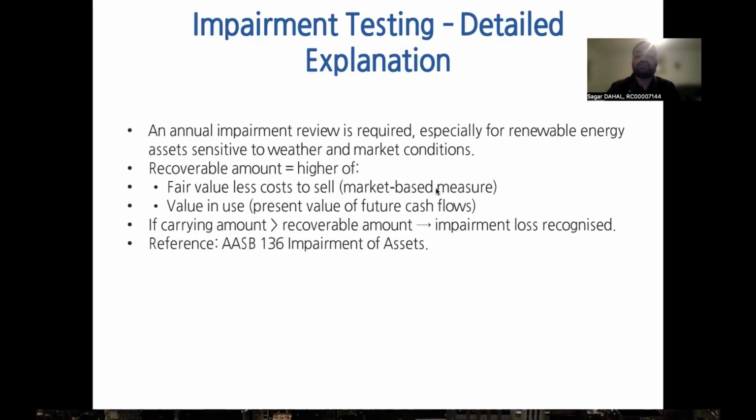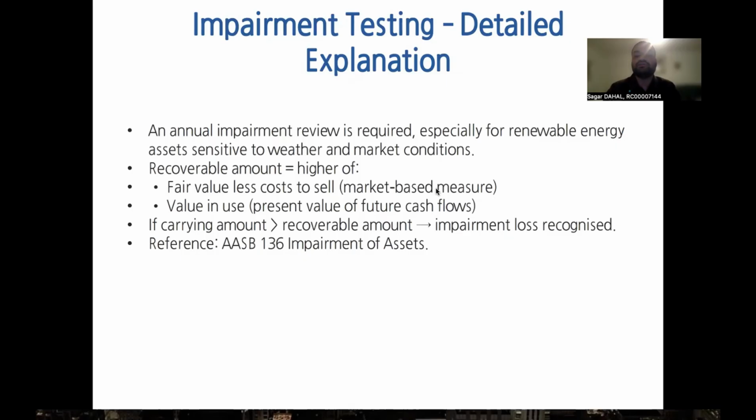The external indicators are a significant drop in electricity price, new government policies and regulation, and technological advancement. For the internal ones, we have high operating or maintenance costs and lower than expected power generation output. For example, if there's no wind for a month, it's going to create less electricity, so it will have less revenue generation.